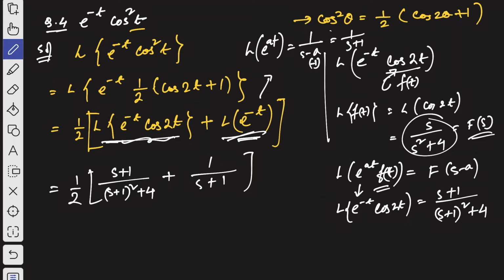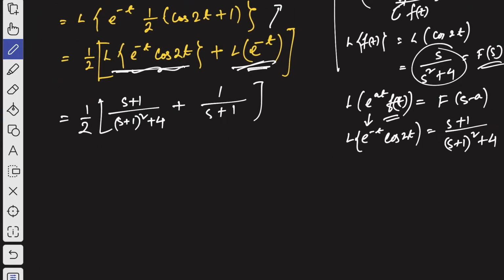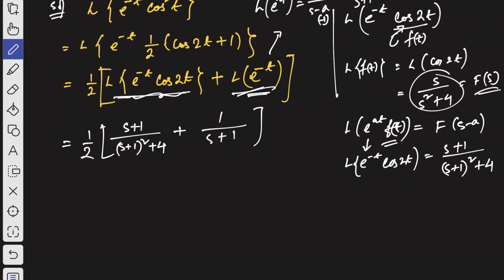Now let us simplify this. If you simplify this, Laplace transformation of e to the power minus t cos square t is equal to what we will get. Here apply a plus b whole square formula, then it will be s square plus twice s plus 1 square is 1, plus 4. So 1 plus 4, that's going to be 5.